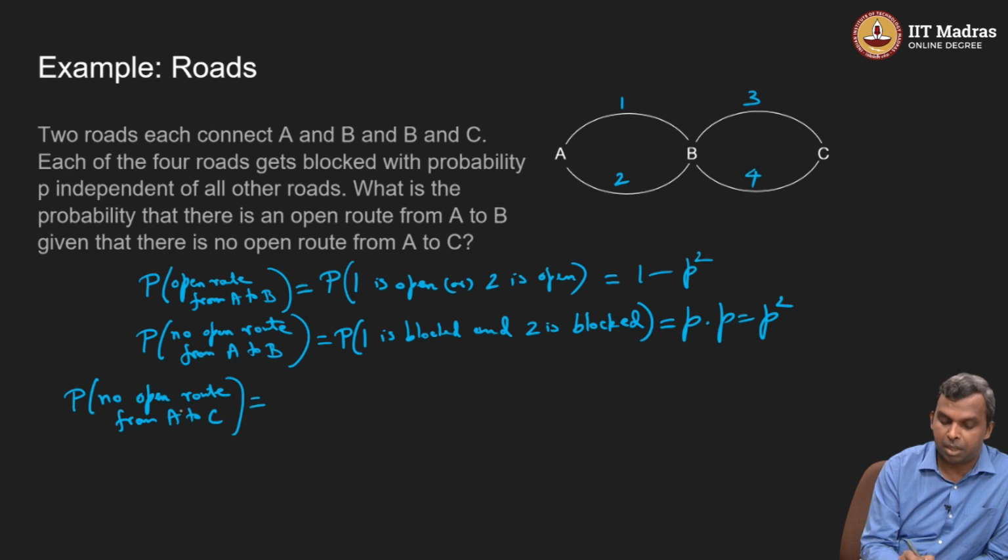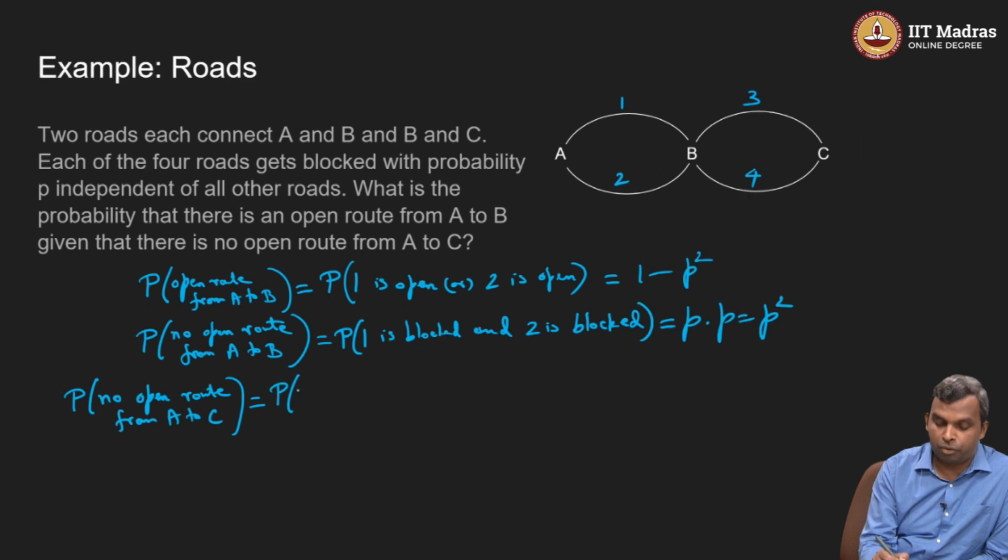That's the question that's been asked, right? What's the probability you do not have an open route from A to C, and then you want to condition on there being an open route from A to B. Okay, so let's do this conditioning.